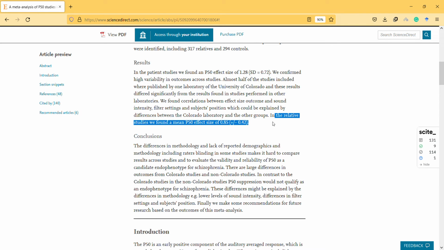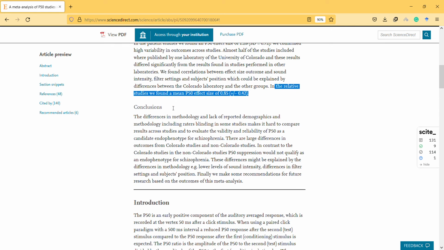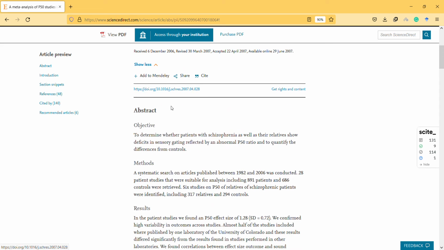And in the relative studies, we found a mean P50 effect size of this. So it's highly different. If something is highly different, then the method actually has a problem. Maybe they can conclude this. So that's why I find this study very interesting.